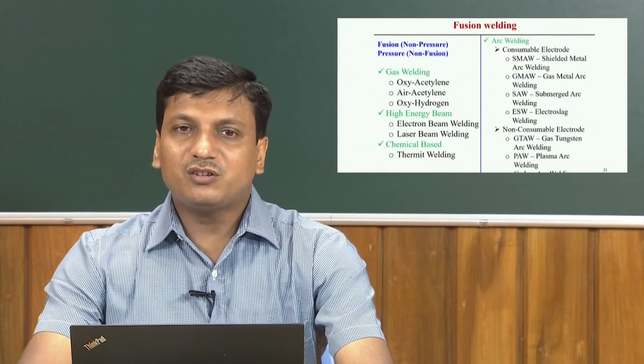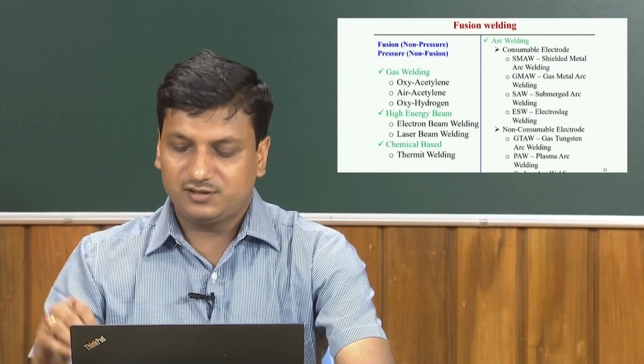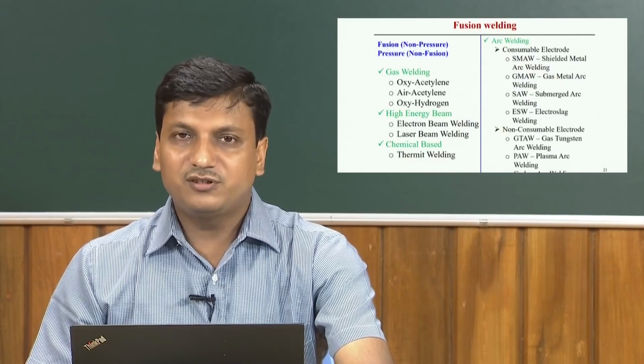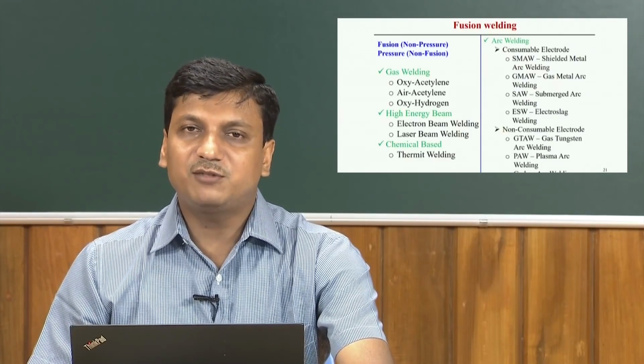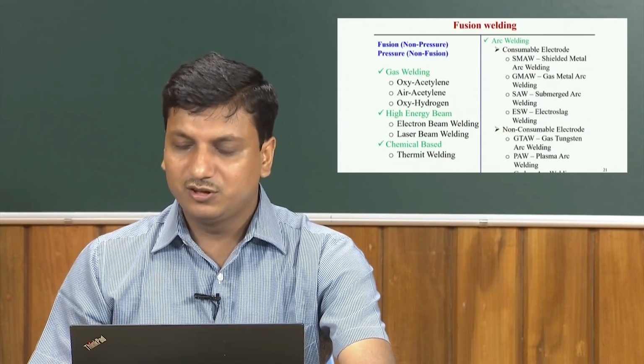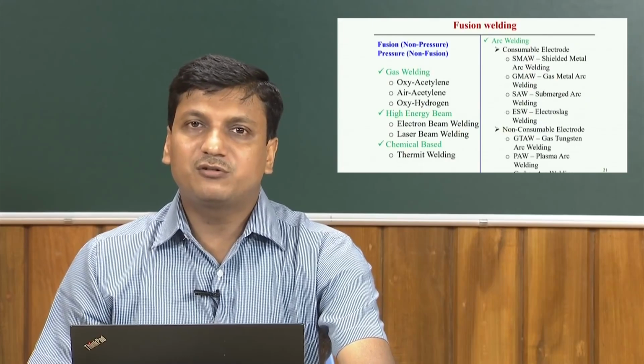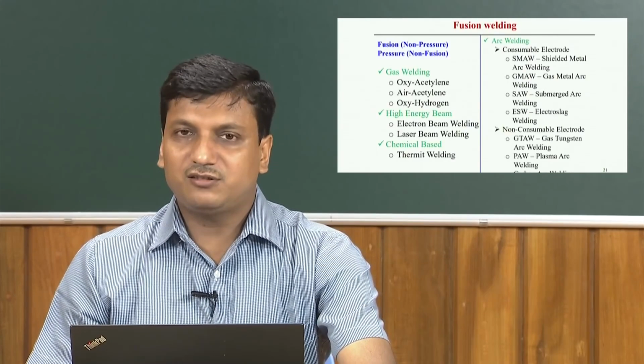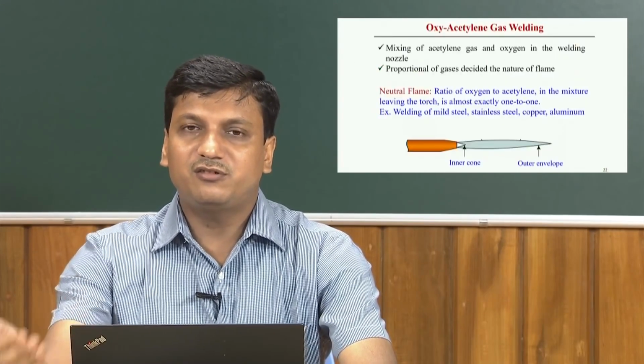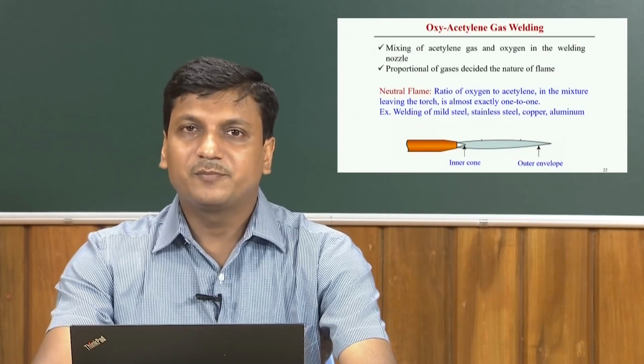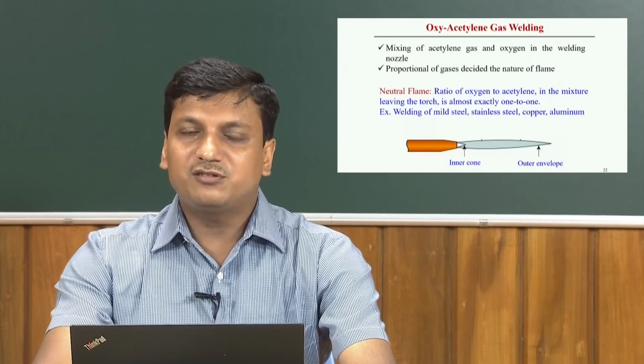So, we will try to give an overview of all these types of fusion welding processes. Although this is already covered in very conventional courses, I will try to give some basic idea about all these processes.